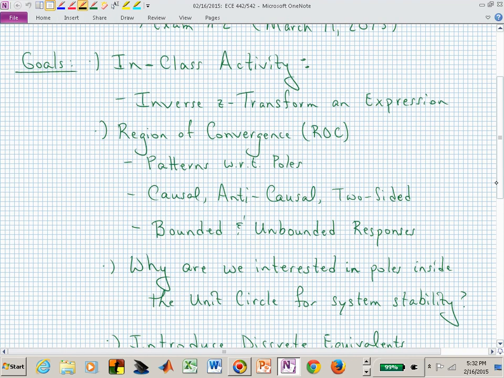Today we will start, as I said, with an in-class activity. I will see where we're at relative to inverse Z transform. We haven't talked about that really in the sense of taking an expression and finding the inverse Z transform, but I want to see where we can get to based on what you already know from previous classes.